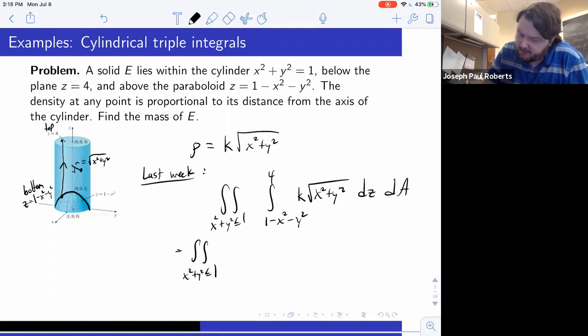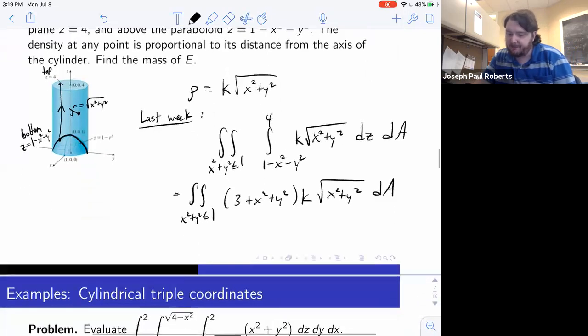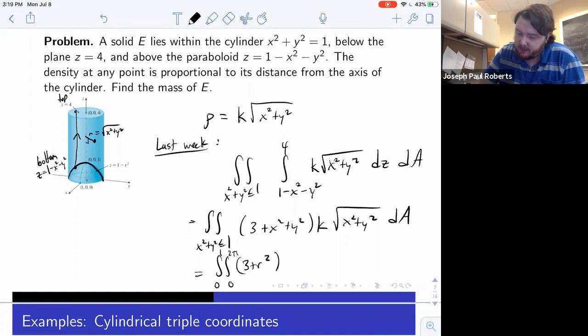Your z antiderivative would give you 3 plus x squared plus y squared times k square root of x squared plus y squared dA. And at that stage, you would switch into polar coordinates, so 0 to 1, 0 to 2 pi, 3 plus r squared times k r d theta dr. So you made your conversion there.